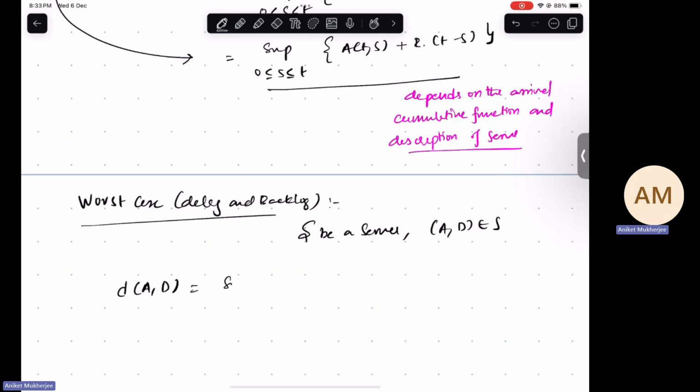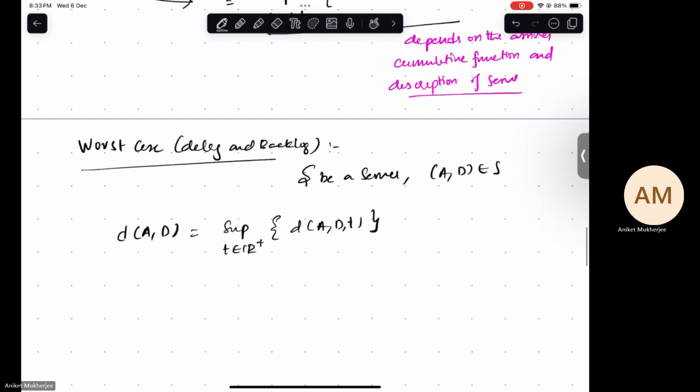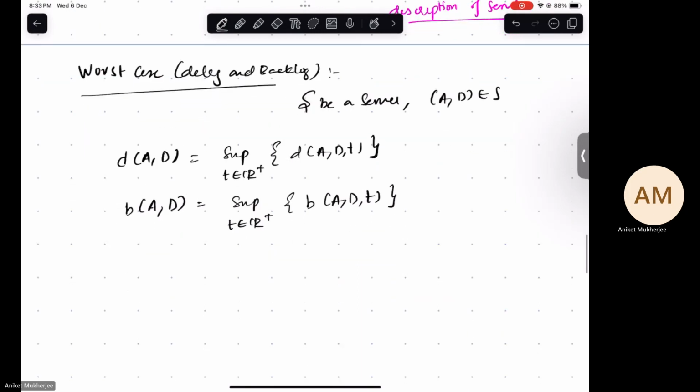So this is defined as supremum over all t of d(A, D, t). Similarly, backlog, supremum over all t of b(A, D, t). This intuitively makes sense. So this is for a server and an AD pair in the server.